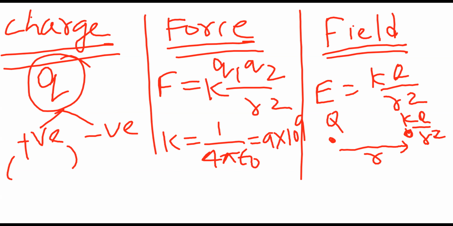Deficiency of electron, shortage of electron. Negative charge means excess of electron. Positive charge means deficiency of electron. So charge, force, field is basically a concept we studied, and tomorrow in the exam, these three concepts will come.